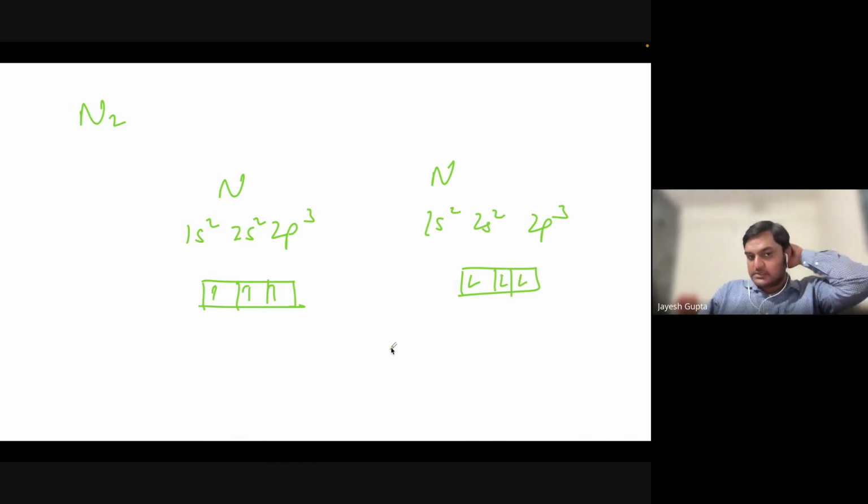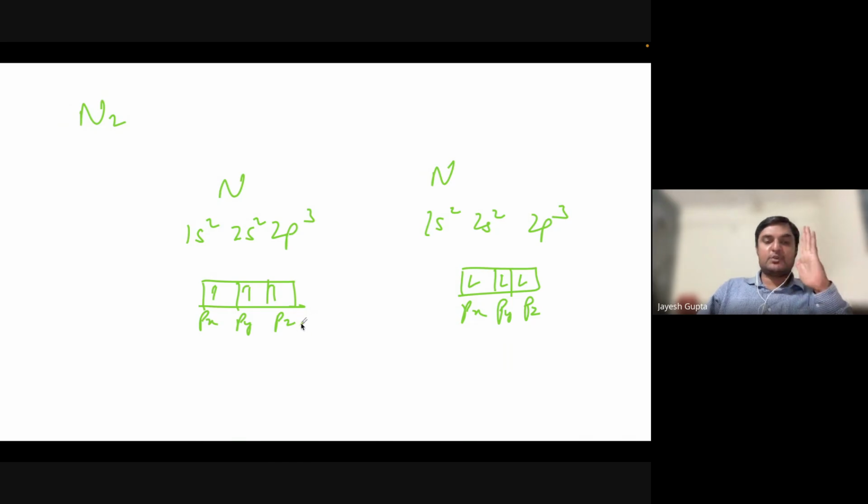What I told you is to take it as px, py, pz, and this also px, py, pz. But one sigma bond has to always be formed. So here, with p orbitals head-on, the sigma bond will be between pz and pz. That will be your sigma.